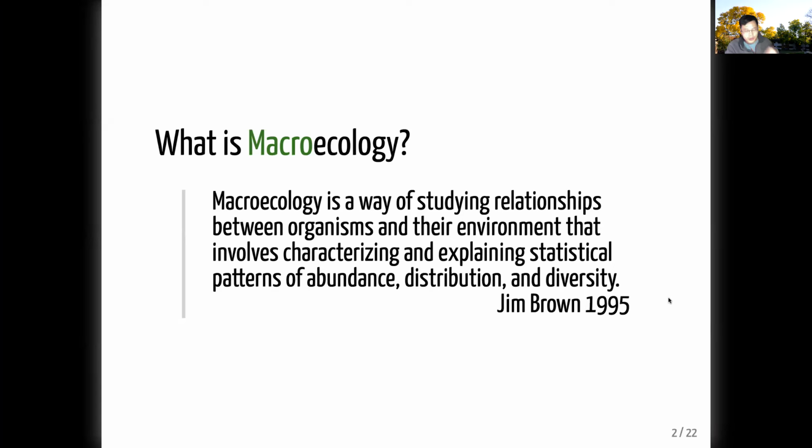In his 1995 paper, he mentioned that macroecology is a way of studying relationships between organisms and their environment that involves characterizing and explaining statistical patterns of abundance, distribution, and diversity. So here, this is a way of studying. So it's more about the methodological side of ecological research.